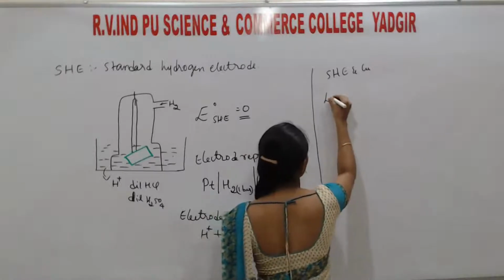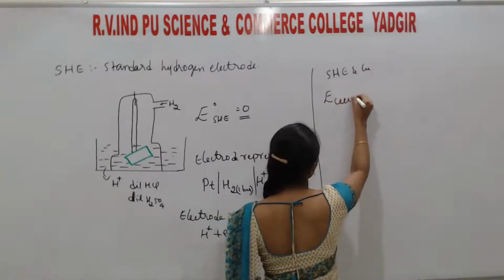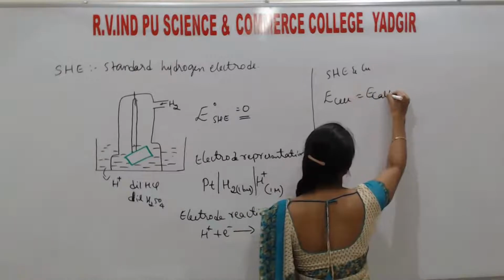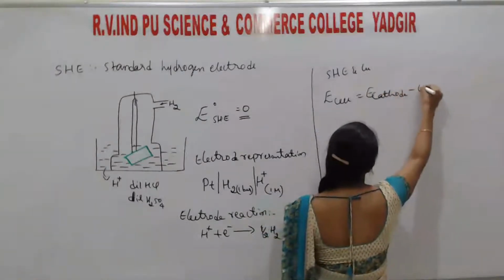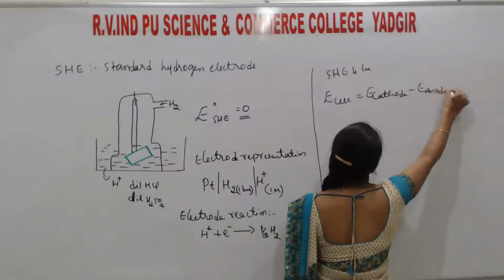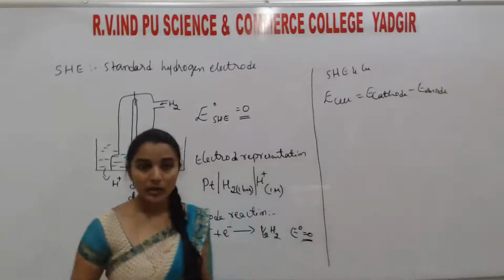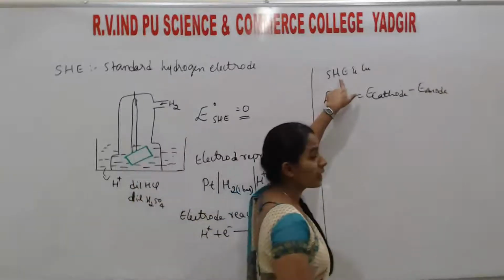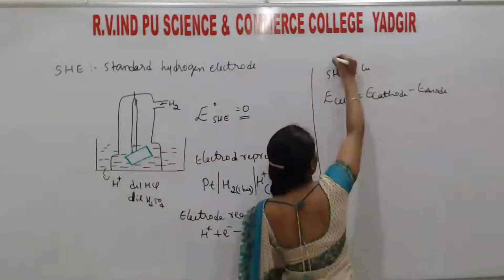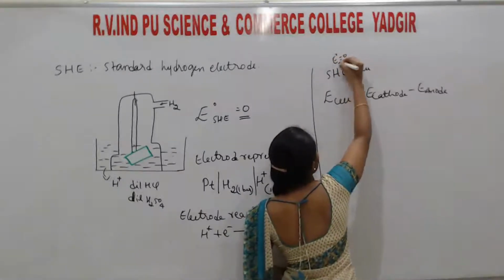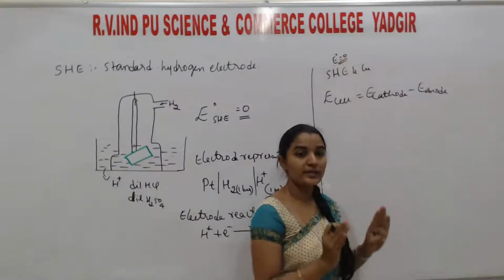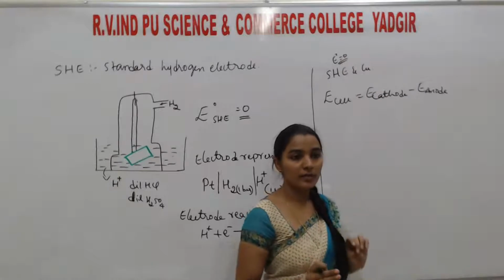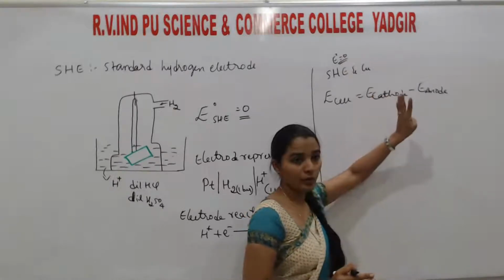Here, how to calculate EMF of the cell? E cathode minus E anode. So we know only the EMF of SHE, how much it is? E naught is equal to 0. SHE we know, that is the standard hydrogen electrode, its EMF is 0. But copper we don't know.